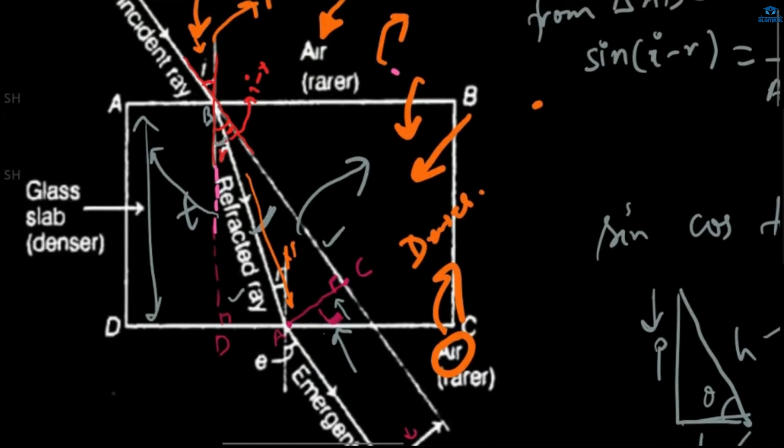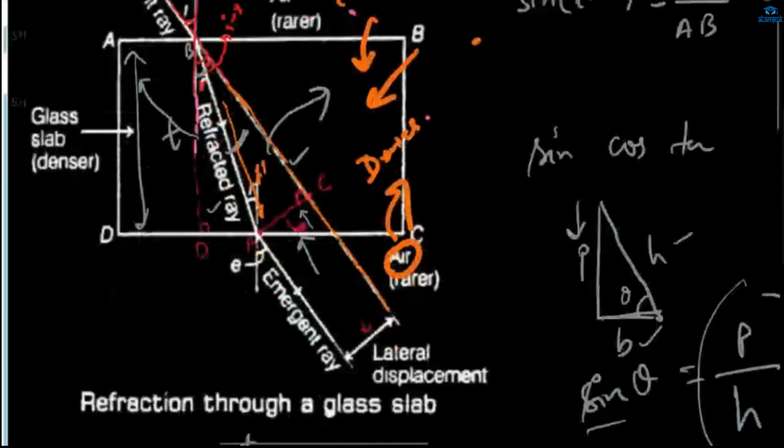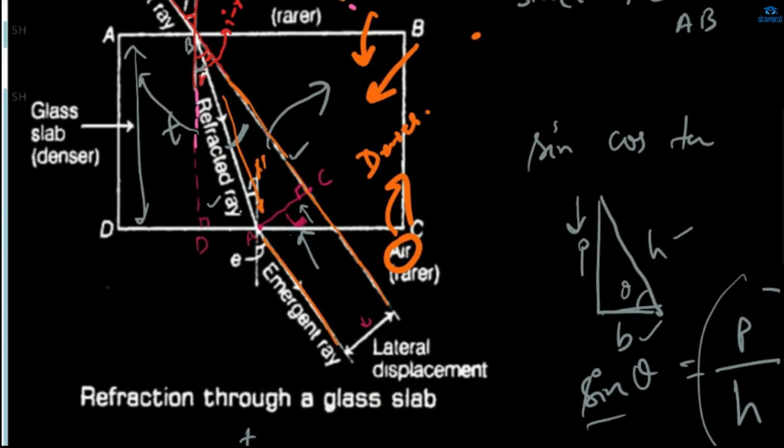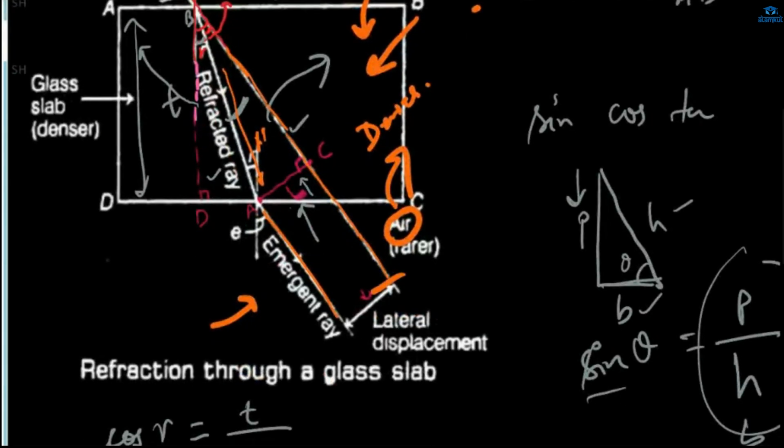And when you draw this line, the incident ray, and join it like this, the distance between this incident ray and the emergent ray is called the lateral displacement.